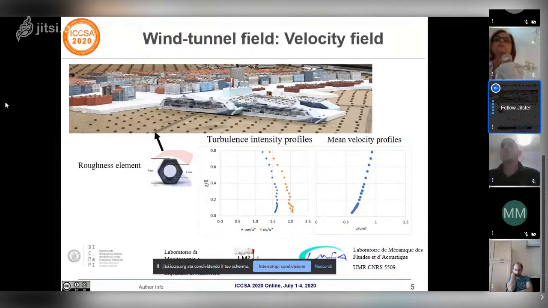A neutrally stratified boundary layer was generated by combining the effect of a grid turbulence and a row of spires placed at the beginning of the test section and the roughness elements on the floor.